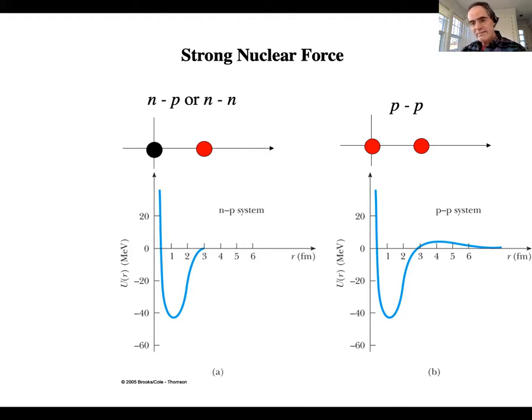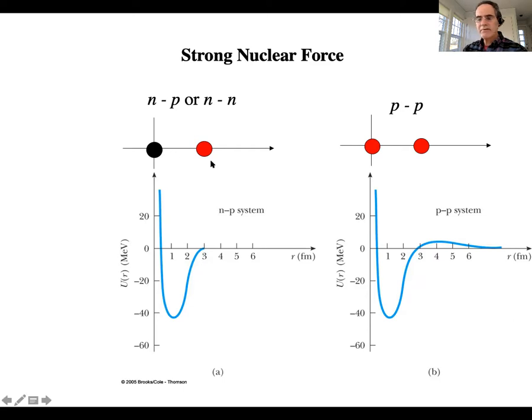As far as can be established, the force is charge blind, meaning that the force between two neutrons or between a neutron and a proton is the same as the force between two protons. It acts between nucleons and it's independent of electric charge. It's not the Coulomb force, but something else.